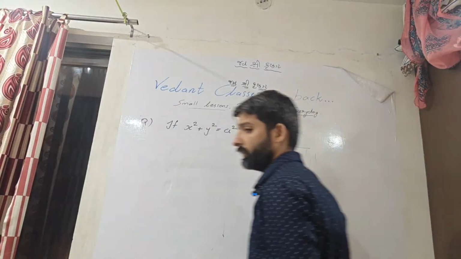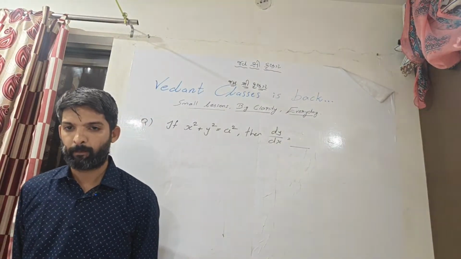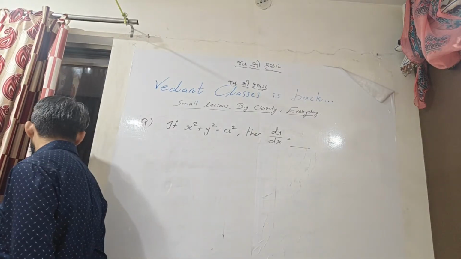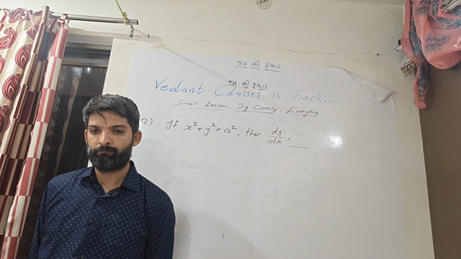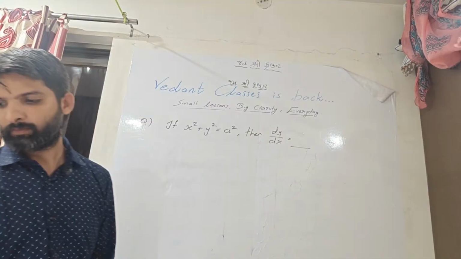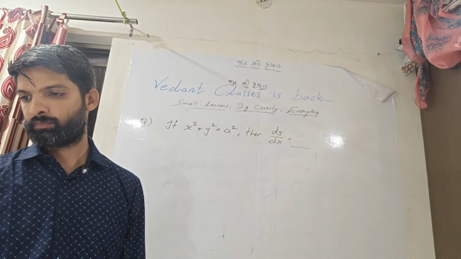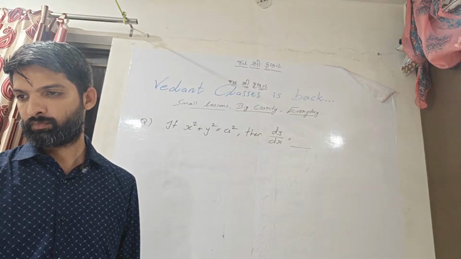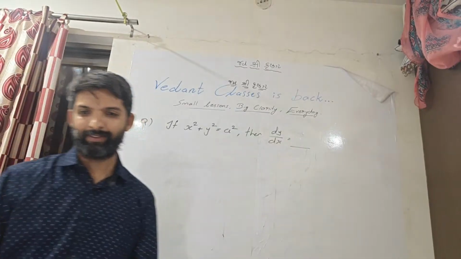X square plus y square is equal to a square. No one getting the answer?